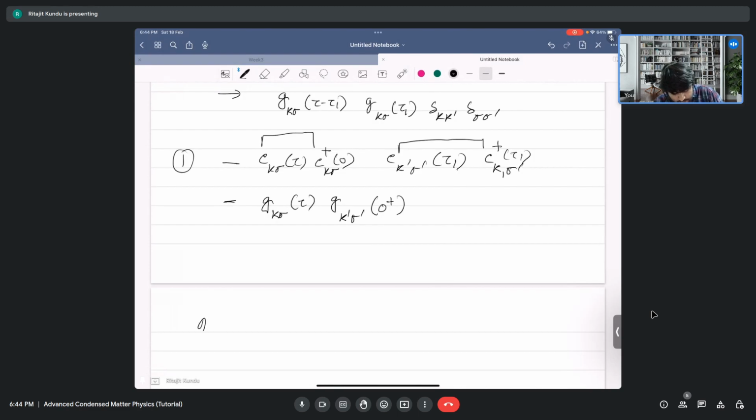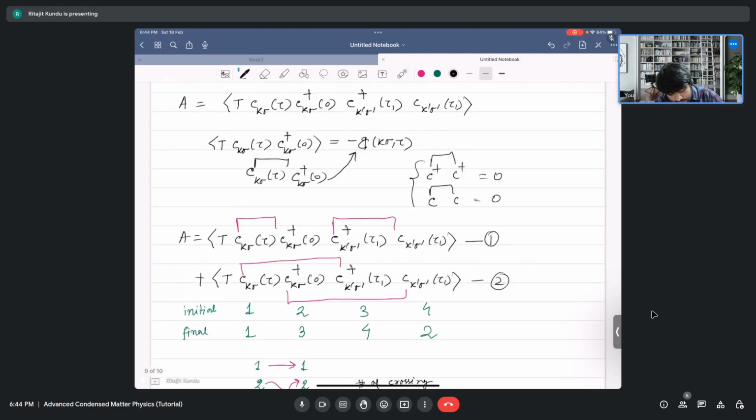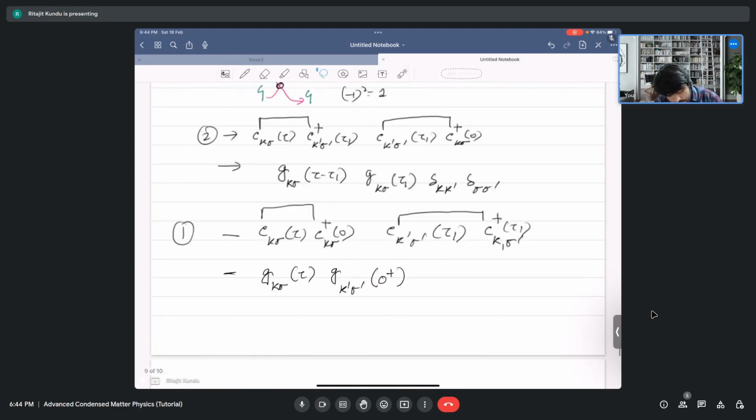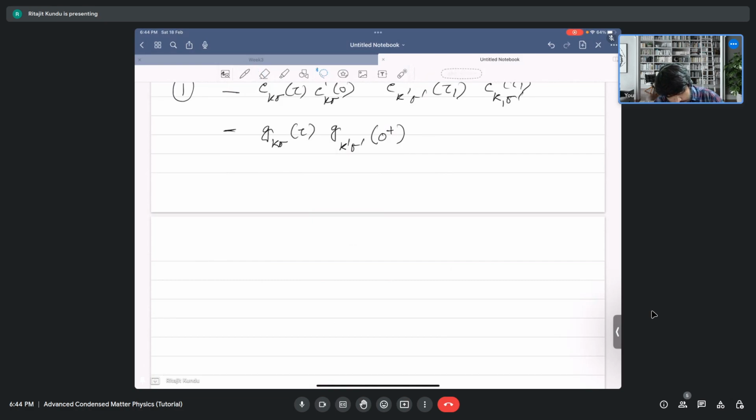So your a, which was this, we have actually used Wick's theorem to write this in terms of these two terms.